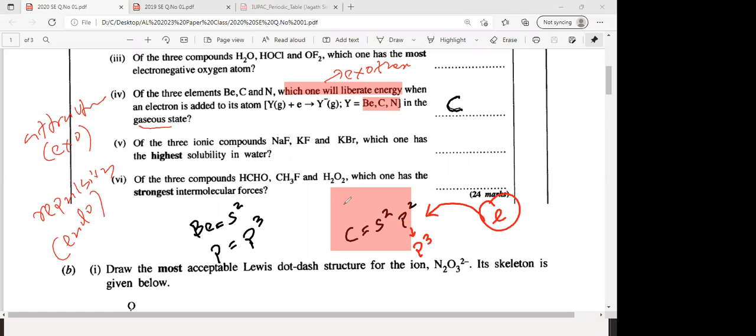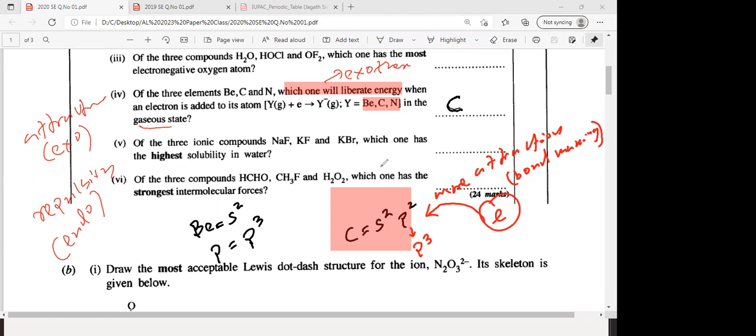That means attraction. There will be more attraction here. More attraction means what? Adding an electron to an atom is the same as bond making. Bond making, attraction, a new interaction.